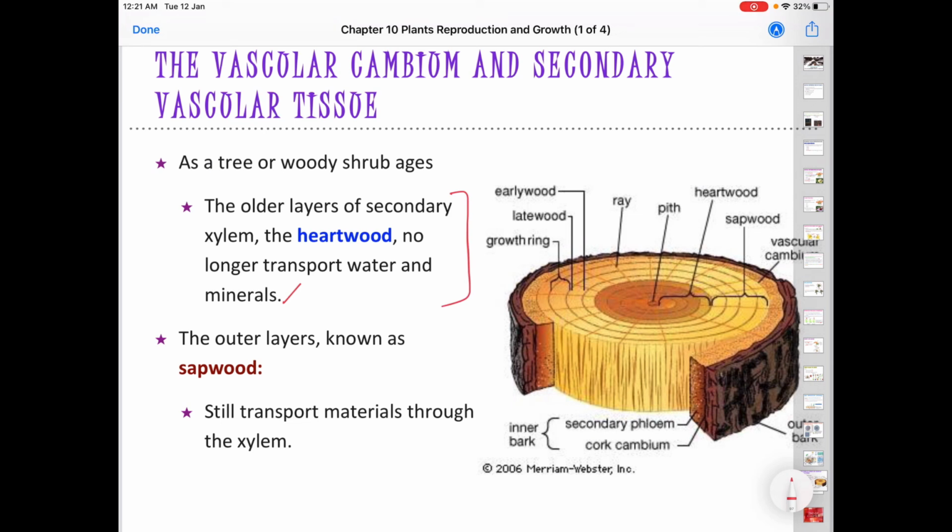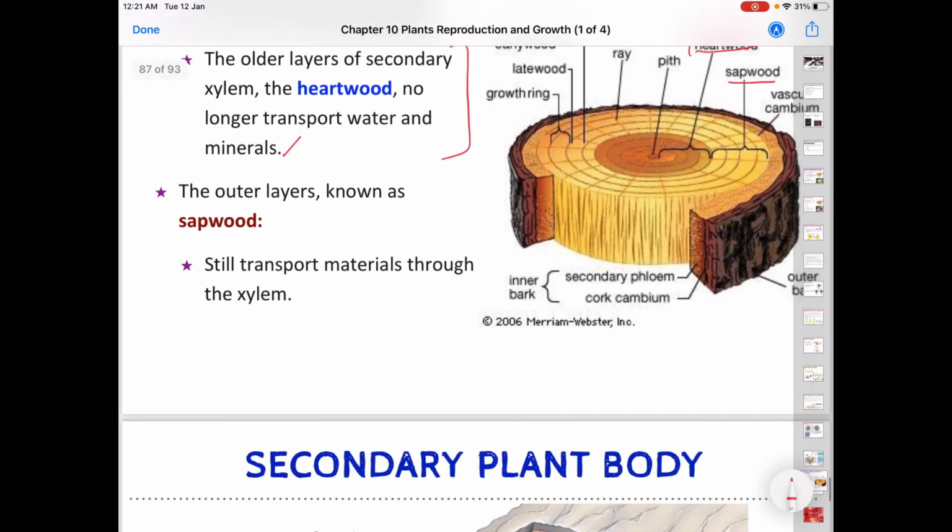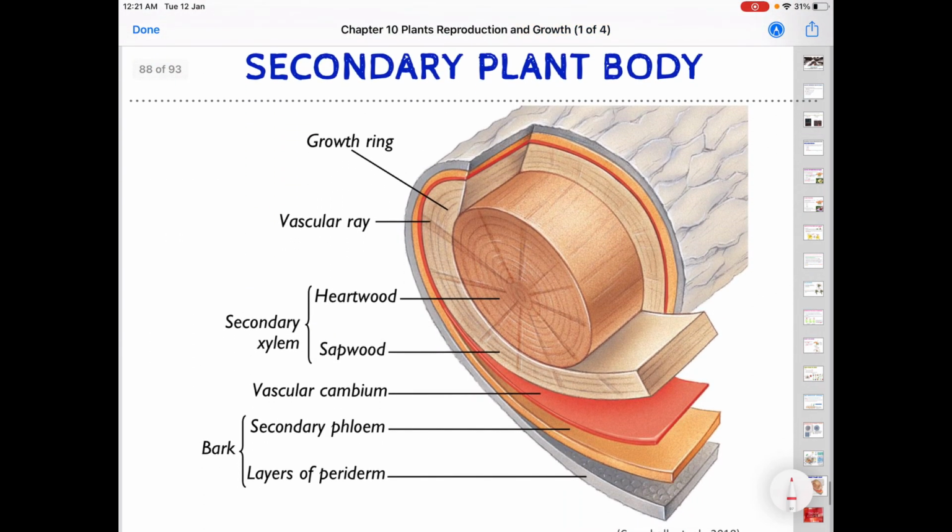The outer layers, known as sapwood, will still transport material through the xylem. So this is the sapwood, which is still living. And we have hardwood, which no longer functions as a vascular system.